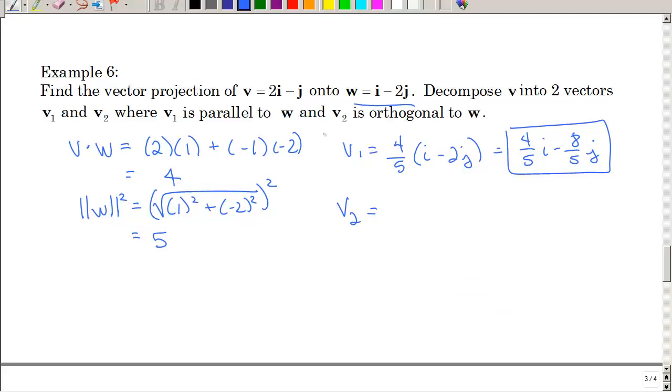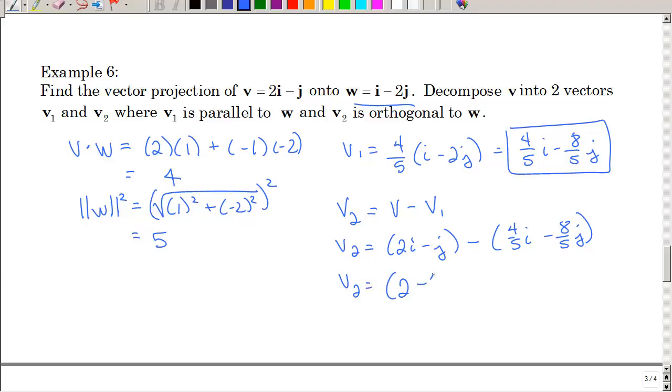The part that is orthogonal, I need to do some subtracting. So we have some fractions to deal with. I'm going to have 2 minus 4/5 in the i direction. Then I'm going to put plus, and I'm going to have a -1 from here.